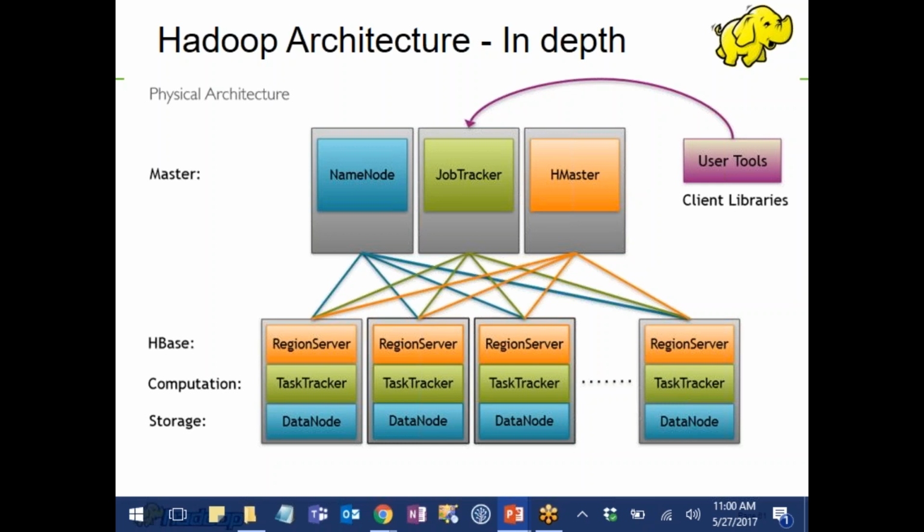Okay, you can say the rack concept. So in the slave node, you have a data node, and then you have a task tracker. What tasks will be performed on this data node will be maintained by the task tracker, and the job tracker maintains which job needs to be performed by which computer.